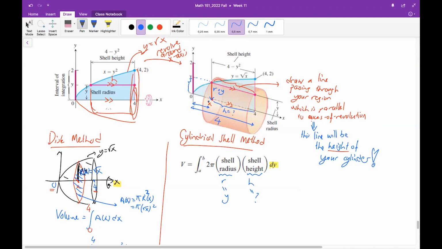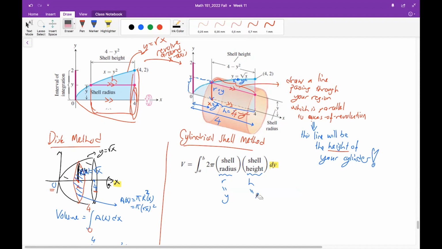I need to express this x point in terms of y, and it is related to our curve. For some arbitrary y on the y-axis, this x hitting point is y squared, since you can solve x in terms of y as y squared. That's why this point is y squared on the x-axis, and the height is given by this whole length minus this much, which is y squared. Okay, that's how you should find your height.